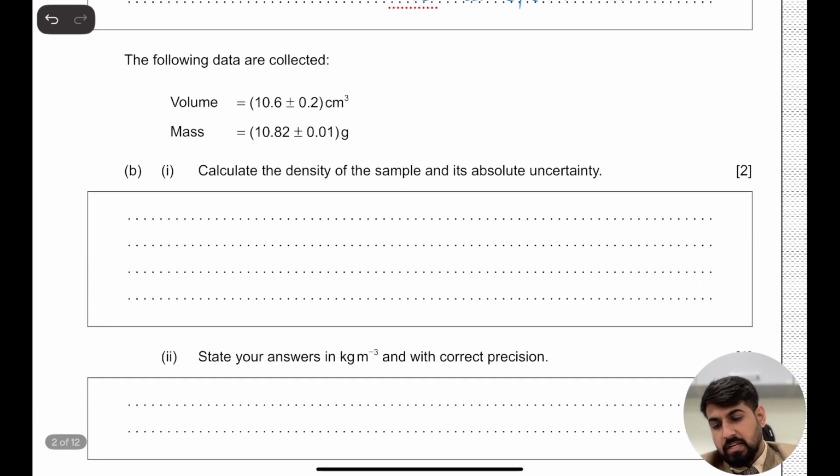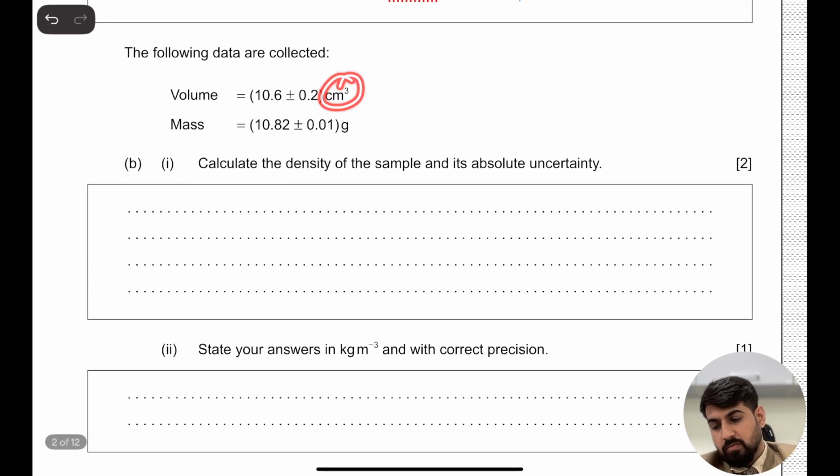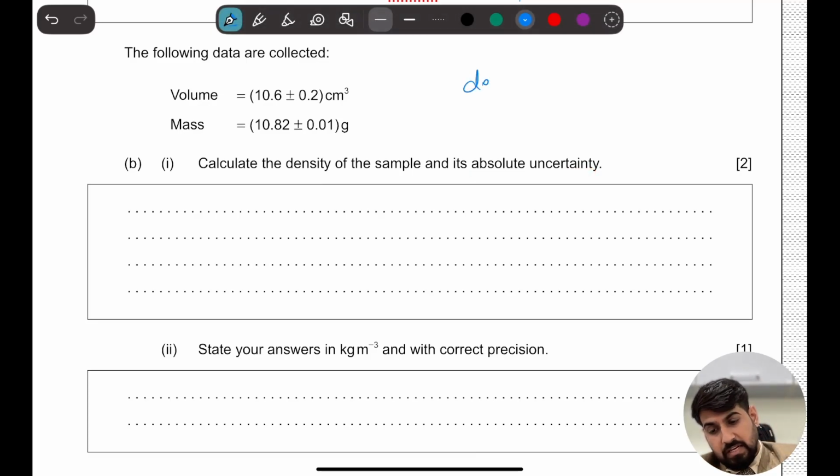Now the data are collected, the volume is in centimeter cube and the mass is in grams. Calculate the density and the absolute uncertainty, right? So we know that density is nothing but mass per unit volume. So first we can simply calculate the density as mass, 10.82, divided by volume, which is 10.6.